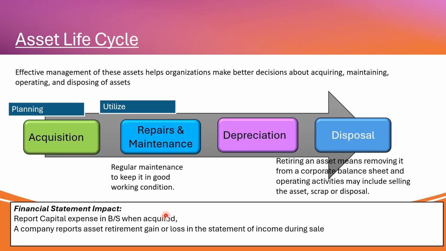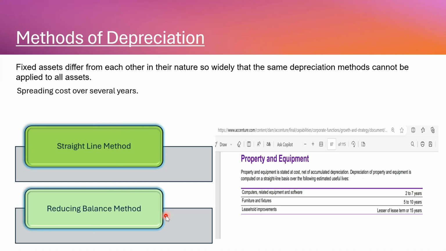So again, when we move on further, we will talk about the methods of depreciation. Remember, SLM is a very highly used and very important method. When I say SLM, I'm saying that I'm spreading the cost over several years, right? In this example, I'm taking an example where for property and equipment, computers and software are depreciated with the SLM method over 2 to 7 years.